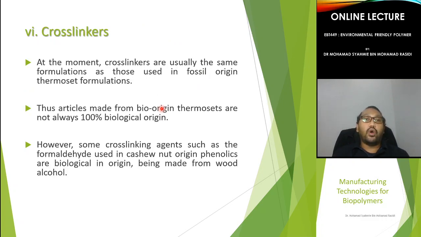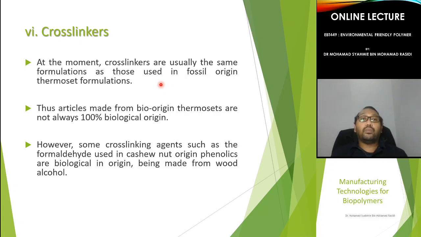Crosslinker. At the moment, crosslinkers are usually the same formulation as those used in fossil-origin thermoset formulations. Thus, articles made from bio-origin thermosets are not always 100% biological origin. However, some crosslinking agents, such as the formaldehyde used in cashew nut origin phenolics, are biological in origin, being made from wood alcohol.